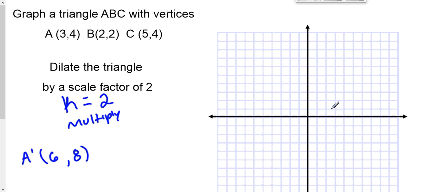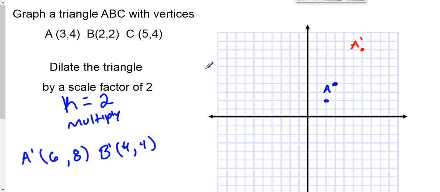So the first point A is at 3, 4. A prime is now at 6, 8. Okay, so point B becomes B prime. 2 times 2 is 4. 2 times 2 is 4. So B is at 2, 2.